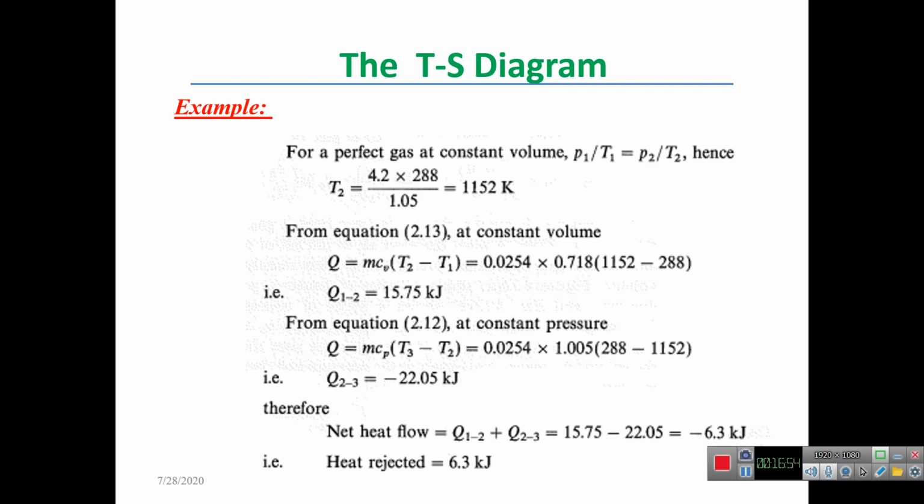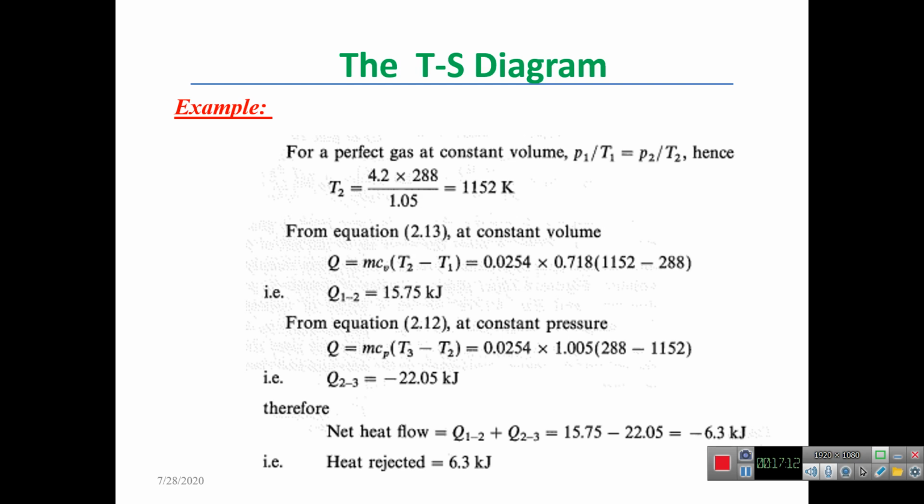Hence, we can calculate T2 as being equal to 4.2 multiplied by 288 divided by 1.05, which is equal to 1152. So the temperature at state 2 is equal to 1152 Kelvins.